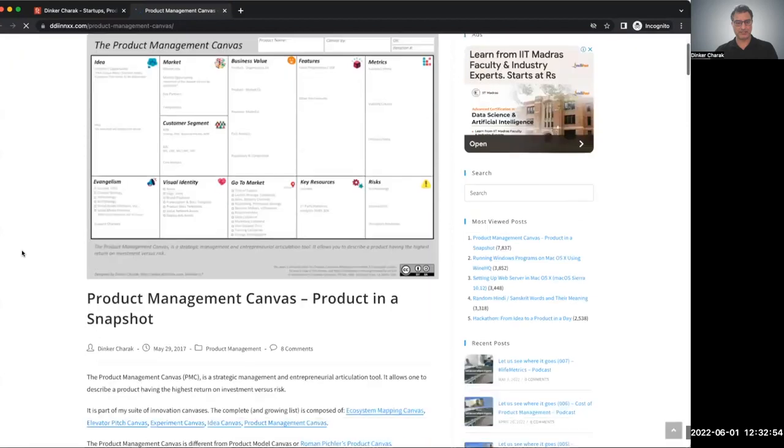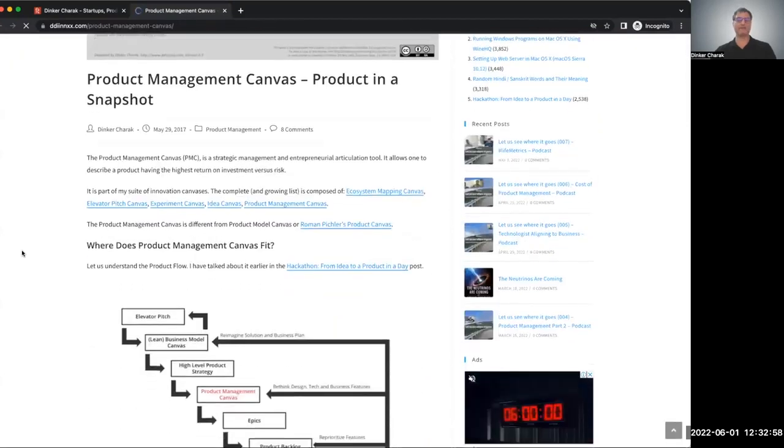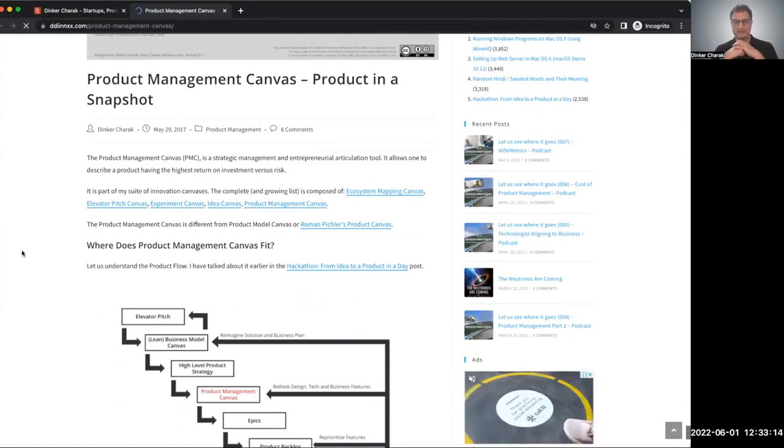The idea behind the product management canvas is to give new product managers, who do not have a lot of experience and may not have their own tools or checklists, a way to capture the current snapshot of the product in a way which can easily be shared with various teams, so as to give a very clear picture of this is what we're trying to build, this is where we are in the process, and this is why we are building it.